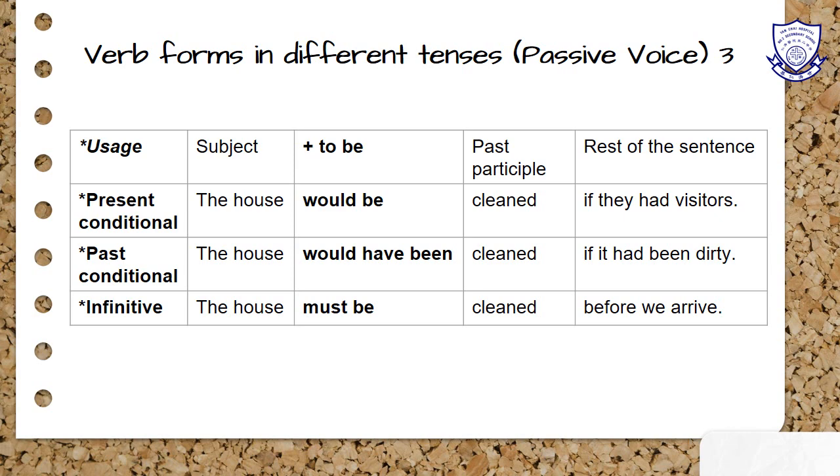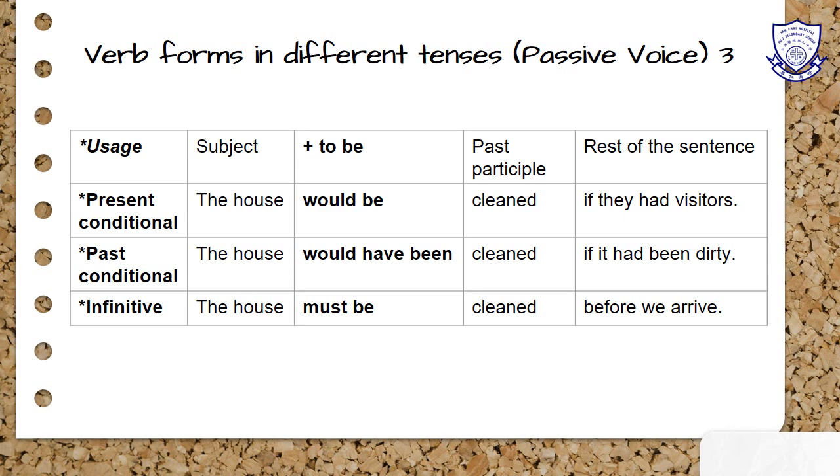This is the last part of the table, and you see in the top left hand corner, the wording is no longer tense but usage. Simply because the following three situations are not about tenses, rather they are about different specific scenarios.